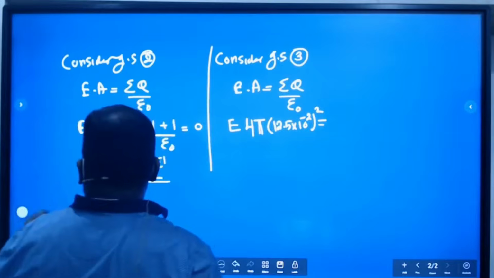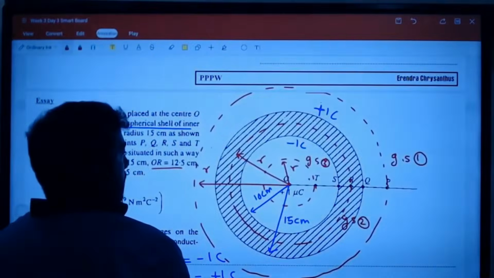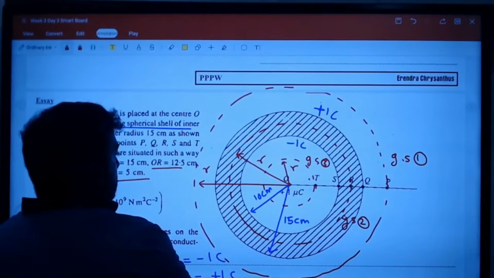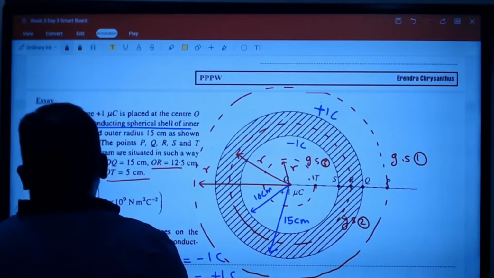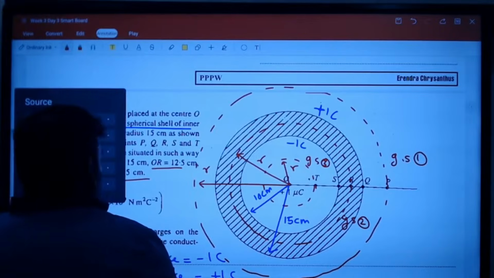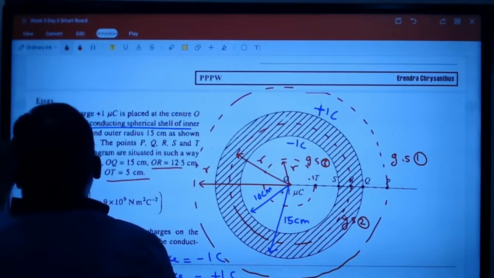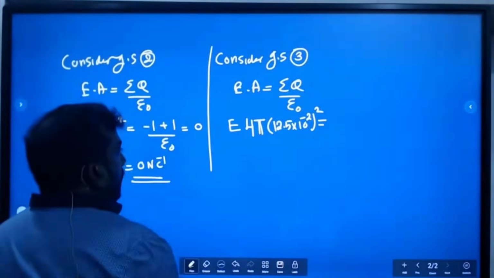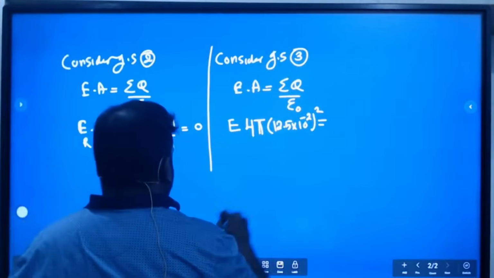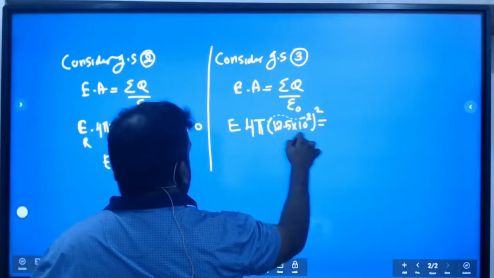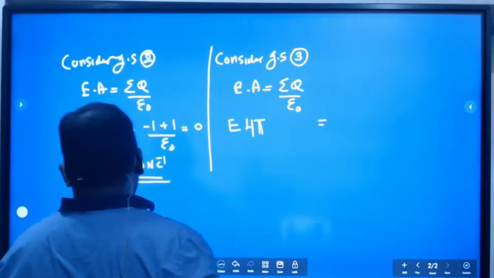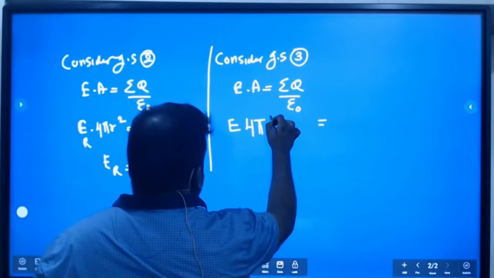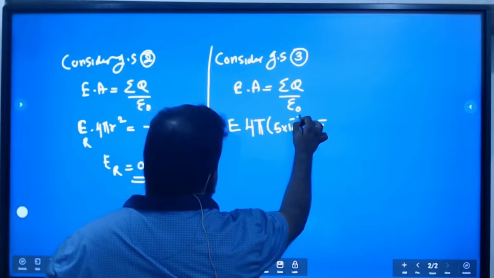Sorry, OR distance is not useful. OT is fine. OT is 5 centimeters, converted to meters squared.